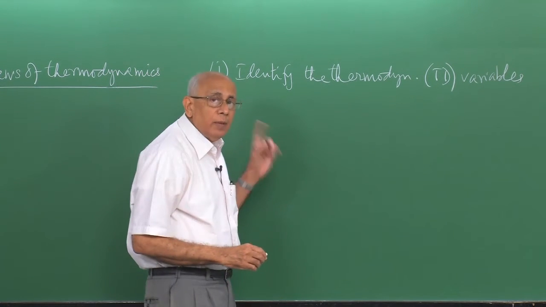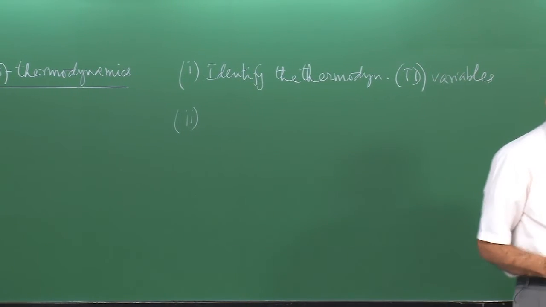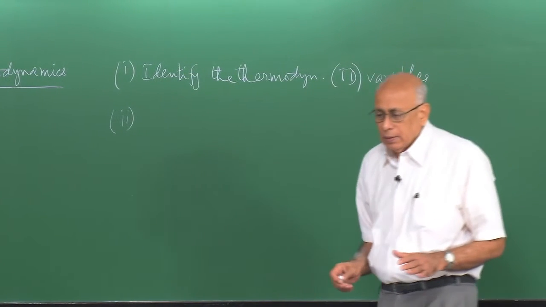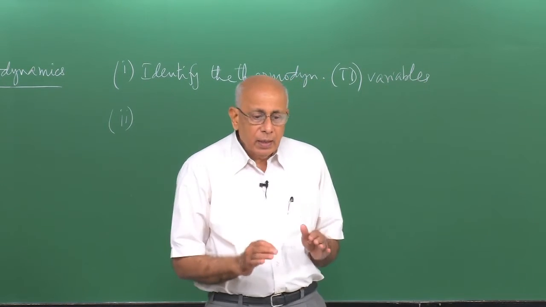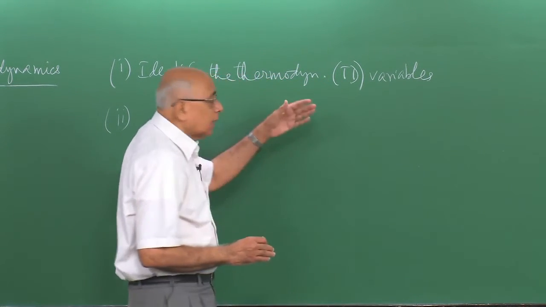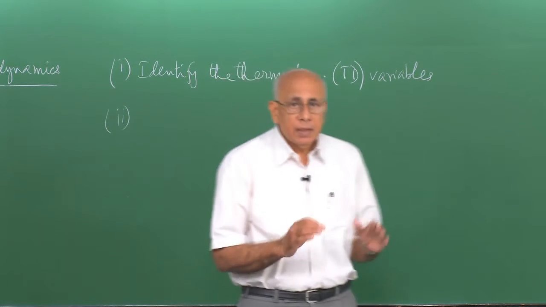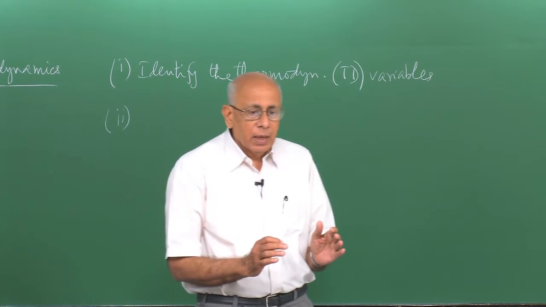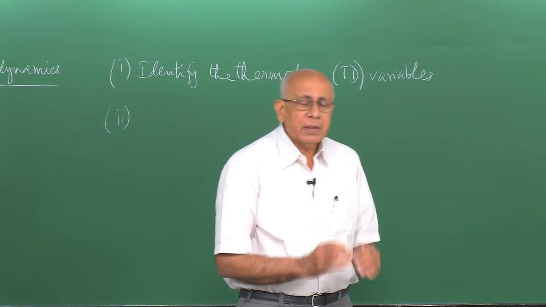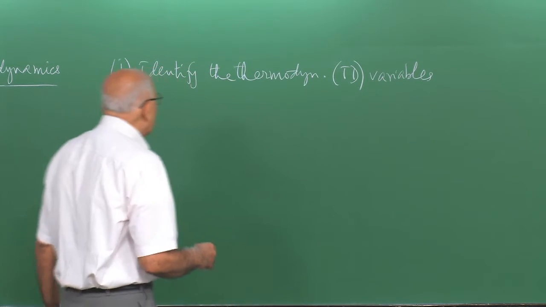Then step 2, and this is a slightly more difficult step, is to identify those extensive variables which provide a complete description of the system. So we may have a large number of intensive and extensive variables. On the other hand, a smaller set among this set of variables are going to be the independent variables. They define in some sense the response of the system to various stimuli.